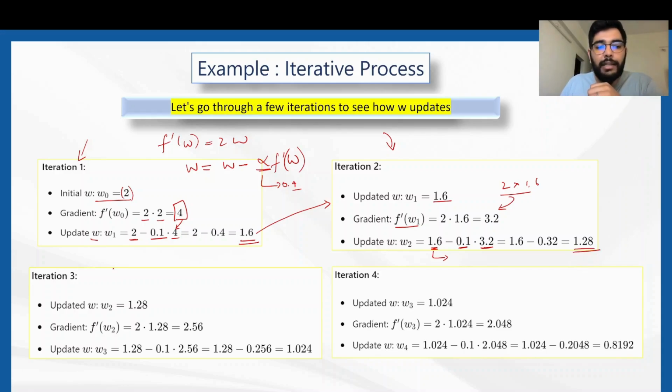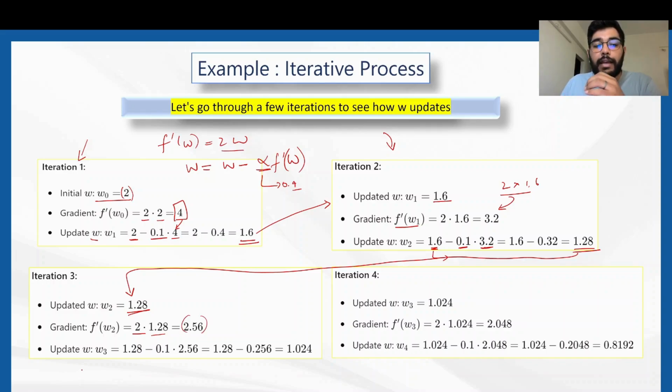In the third iteration, we have the updated weight as 1.28. We again calculate the gradient, that is 2 times this particular weight, and have this gradient as 2.56. Updating the weights using our weight minus the product of learning rate and the updated gradient, we come across 1.024.